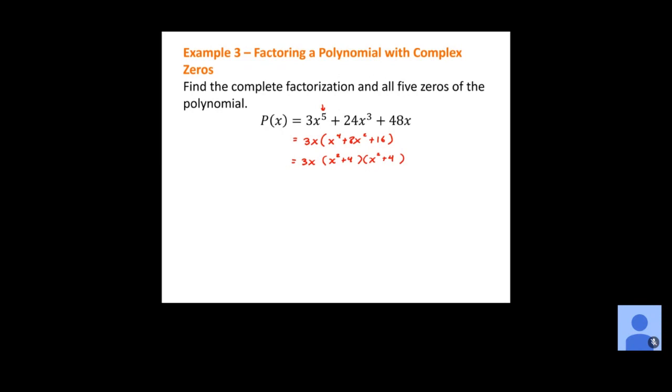And I'm going to set each factor in this case equal to 0. So we'll have 3x equals 0, x squared plus 4 equals 0, and then the last factor is also x squared plus 4 equals 0. All right, so if we solve this first one, 3x equals 0, what's that going to give us?